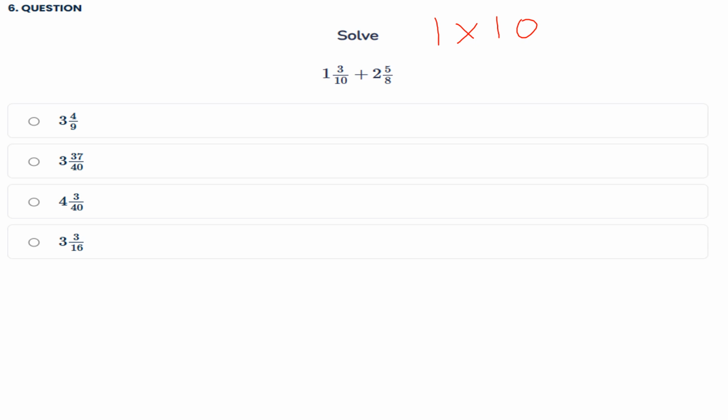So you're going to multiply this number times this number, and that equals 10. And then you're going to add that numerator, which is 3. 10 plus 3 gives us 13. So our new fraction is going to be 13 over 10. So we've taken care of that number.